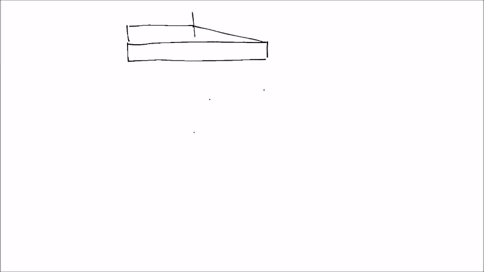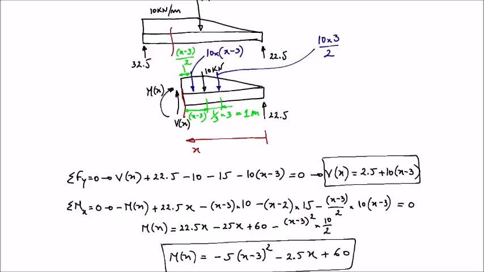Okay, so now that we have the equations for the bending moment and shear force, we can start drawing the diagrams. So I'm going to draw the beam again here. These reactions are 32.5 and 22.5.